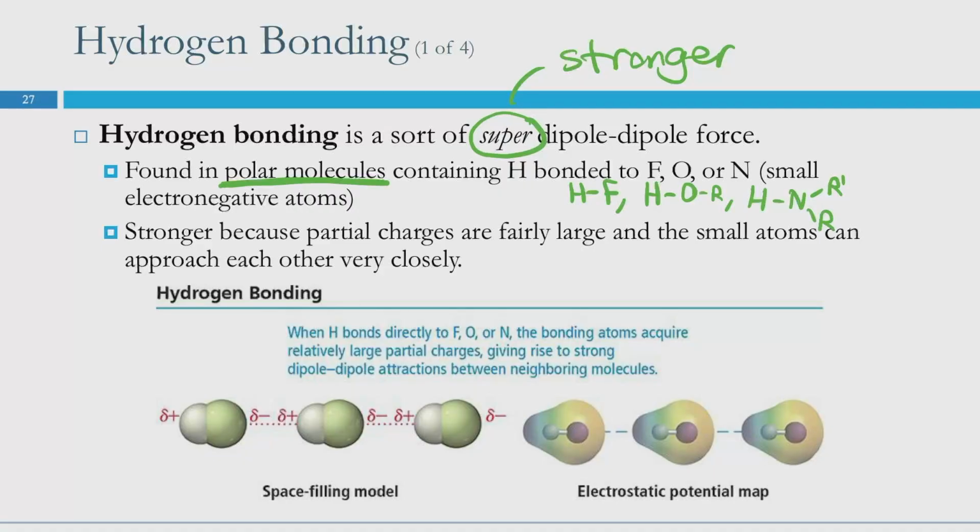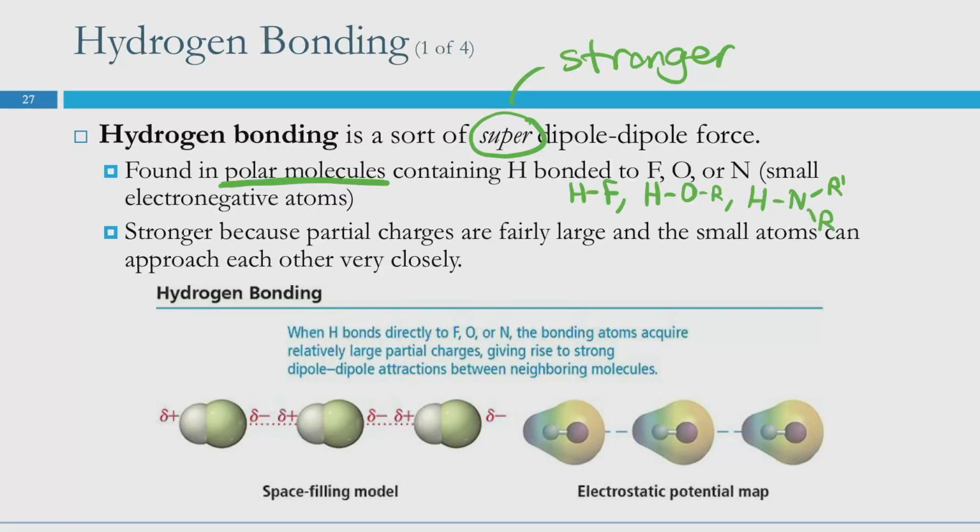The reason that this is a stronger dipole-dipole force, if we look at the periodic table, or if we just think in our heads, what's the most electronegative element? Fluorine. Way up there. And next in line, heir to the throne, oxygen, also very small.